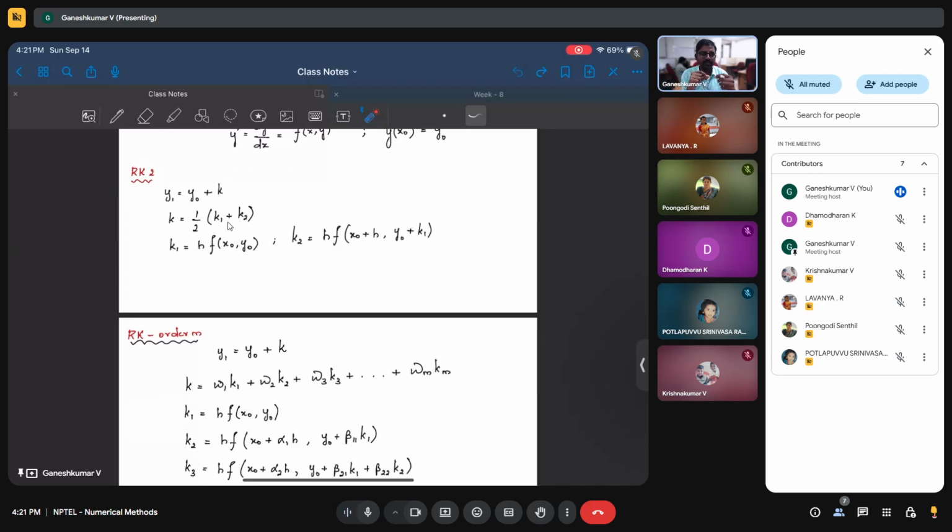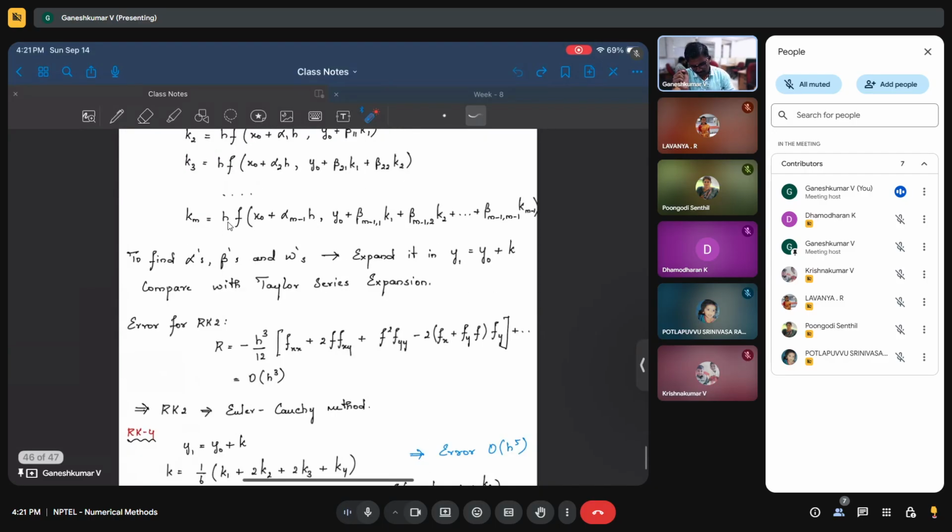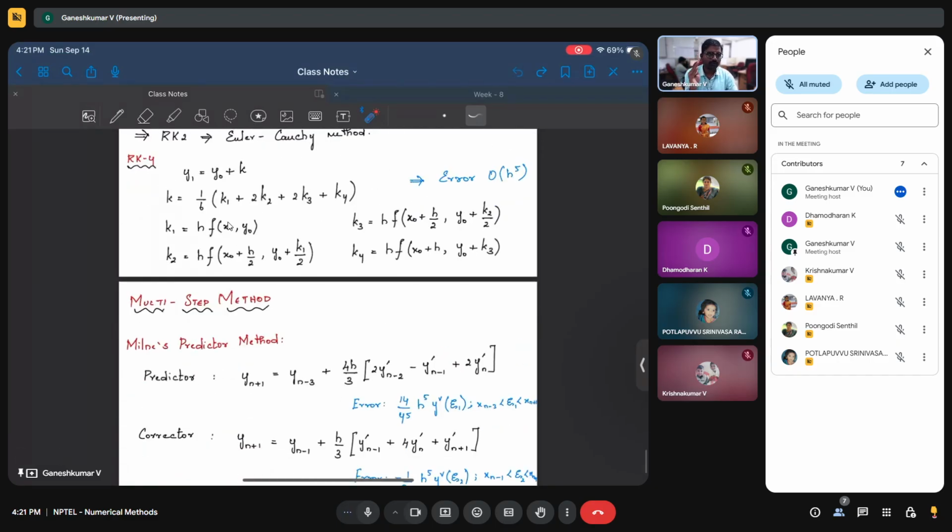So for each and every step, we have to evaluate k1, k2, and then substitute that in this relation. Similarly, we can also go for RK4, fourth order accurate, where you evaluate k1, k2, k3, k4 in this manner, and then substitute in this equation, and finally you will have y of that step.